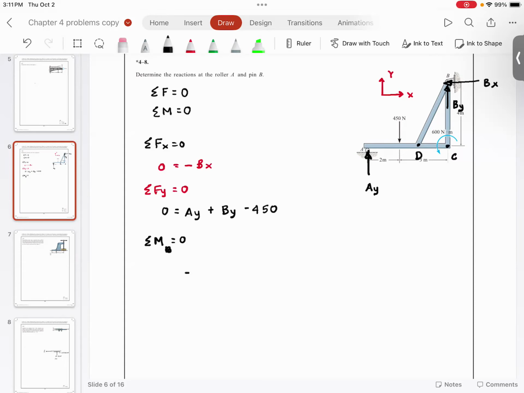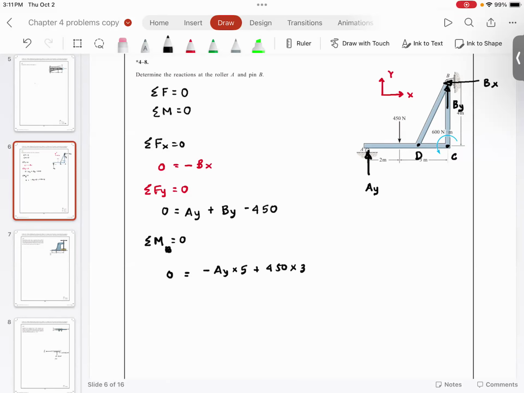Now curl your fingers in the direction of moment. Moment given by AY. Can you see moment given by AY is negative? So AY times 5. Moment given by 450: curl your fingers in the direction of moment, it is positive. Plus 450 times 3.